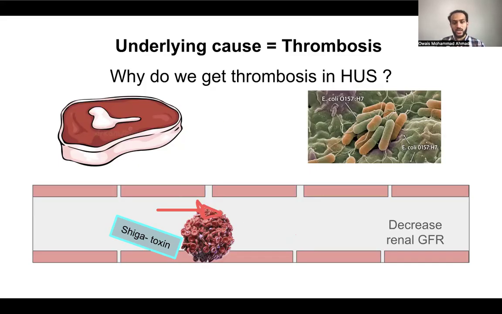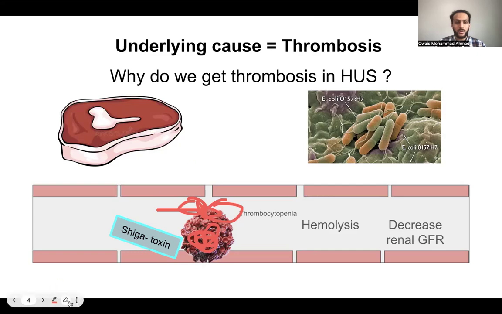Then I would say, all the red blood cells passing by are going to be sheared. So what would happen to the red blood cells? Hopefully he would answer hemolysis. And then all these platelets are being consumed in these microthrombi, so what does he think would happen to the platelets? Hopefully he would answer thrombocytopenia.